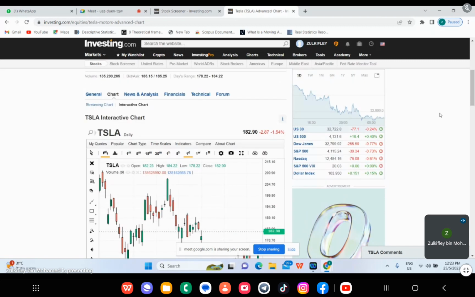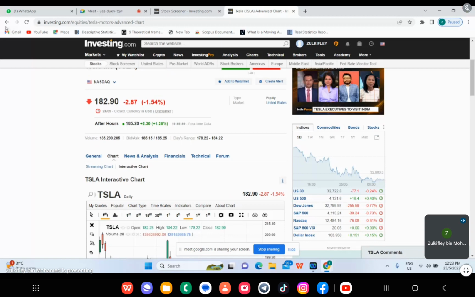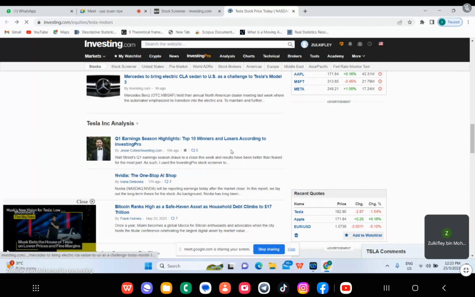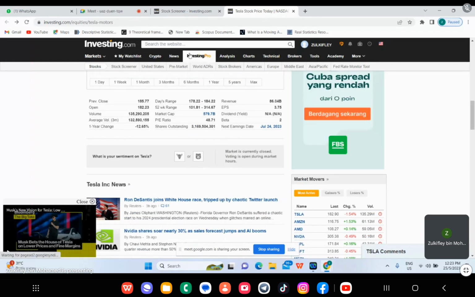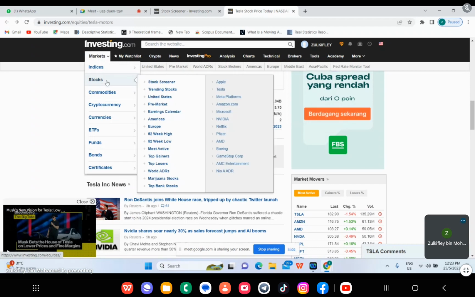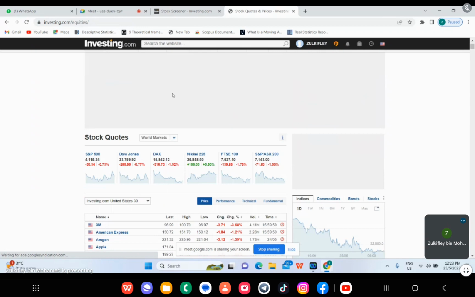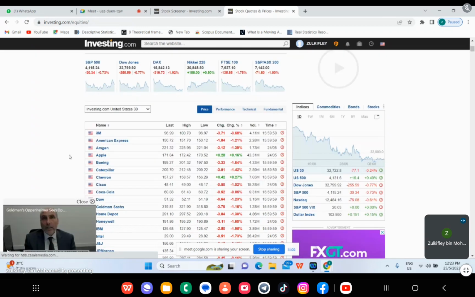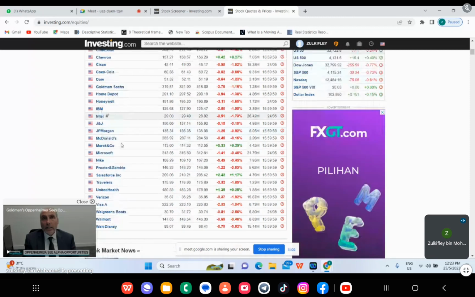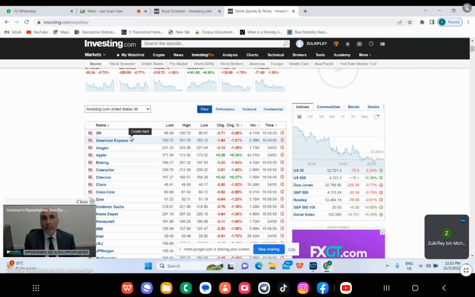So apa yang saya nak tunjukkan di sini, saya nak pergi kepada data history dia. Market, stock screener. Saya pergi kepada Tesla. Tesla is my favorite stock, tapi stoknya agak mahal.